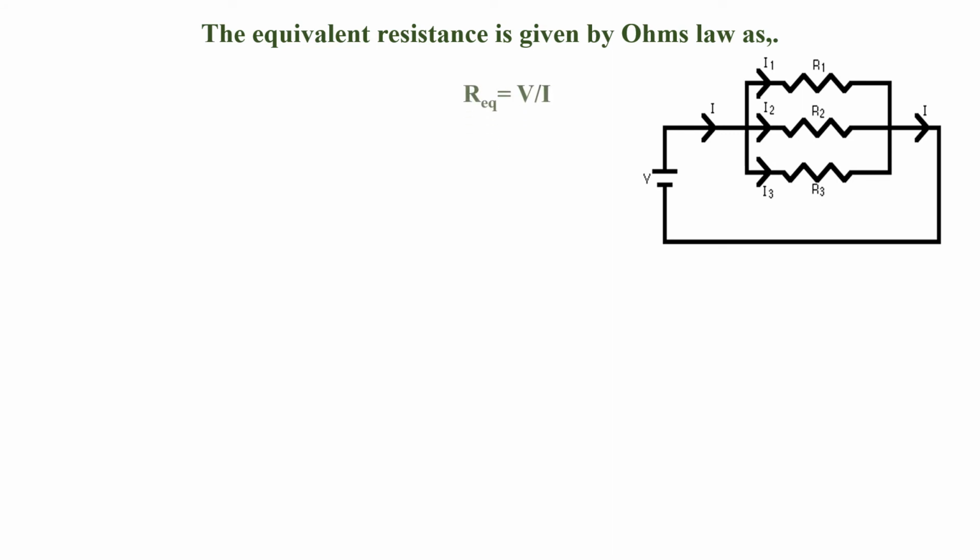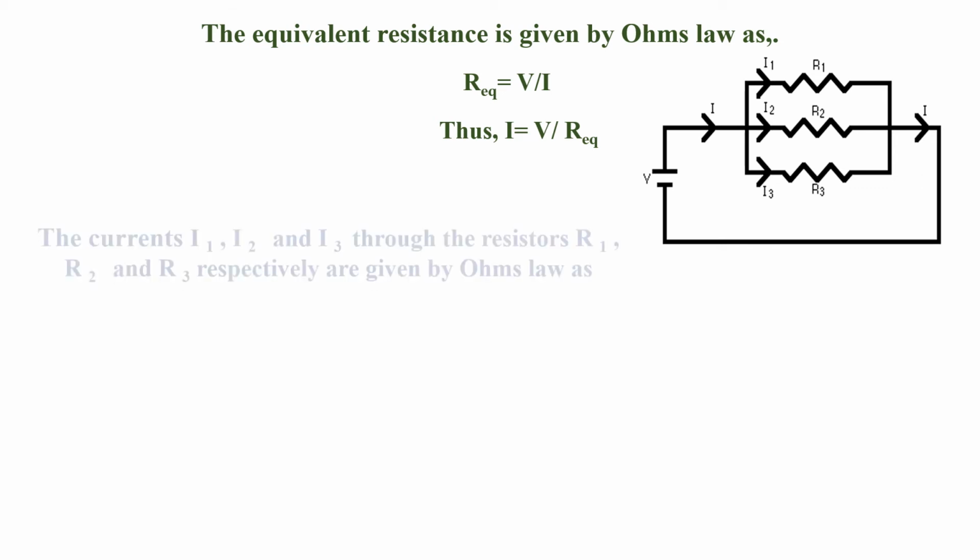What is the formula? Req is equal to V by I, volt by current. Okay. Req is equal to V by I, right? Thus, I is equal to V by Req. When this Req goes to the right hand side and I comes to the left hand side, it is I is equal to V by Req.